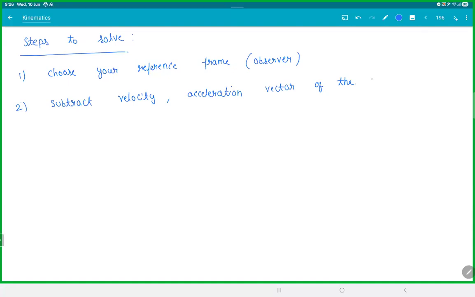Subtract the velocity and the acceleration vector of the observer from every system. Now, the observer behaves like a fixed point. Because you subtracted his own velocity, he will come to rest.